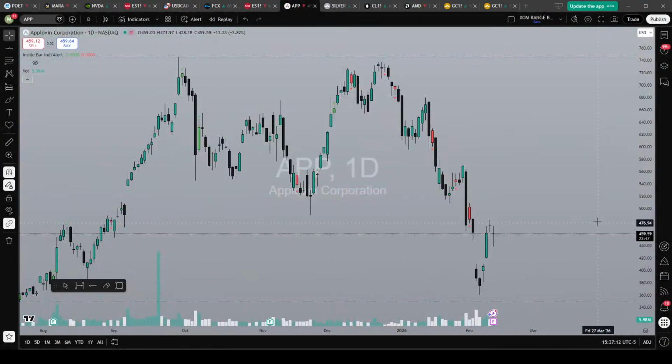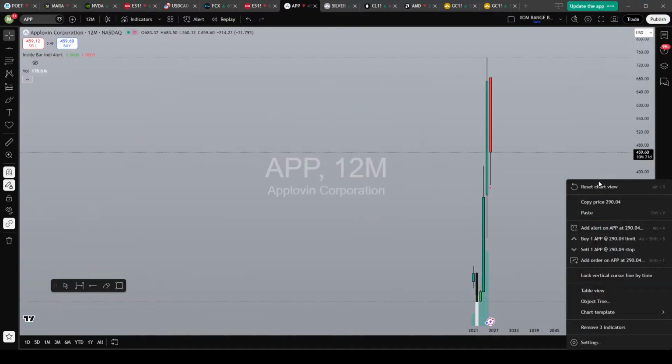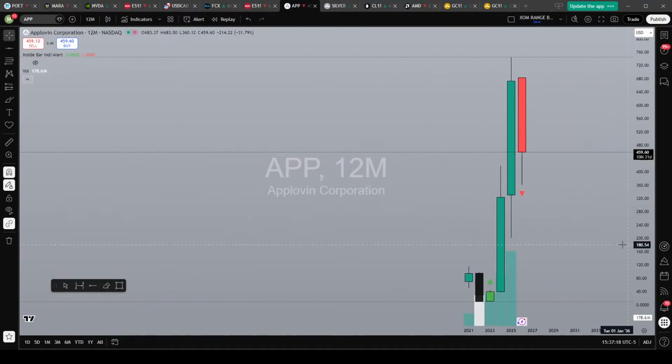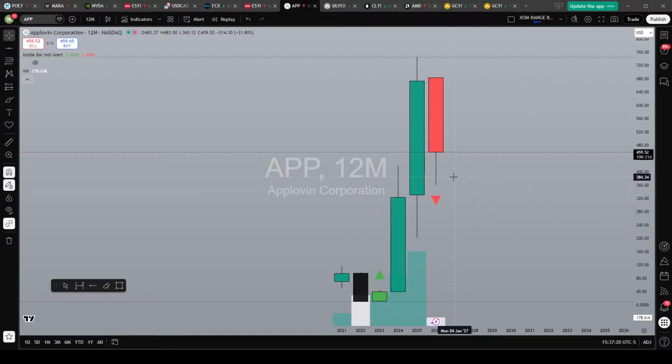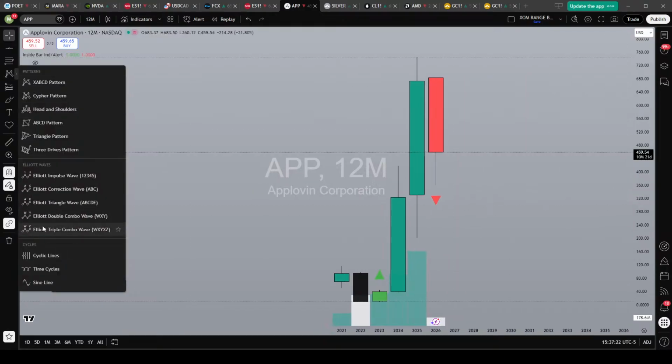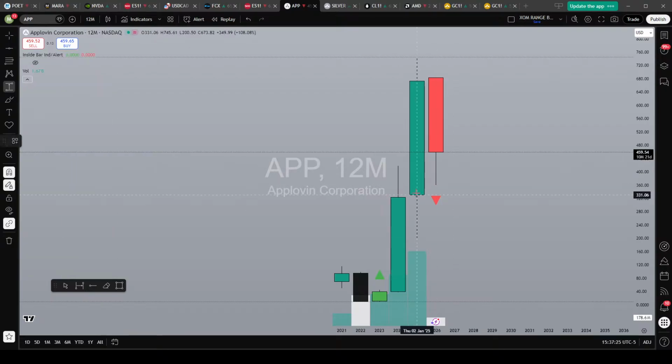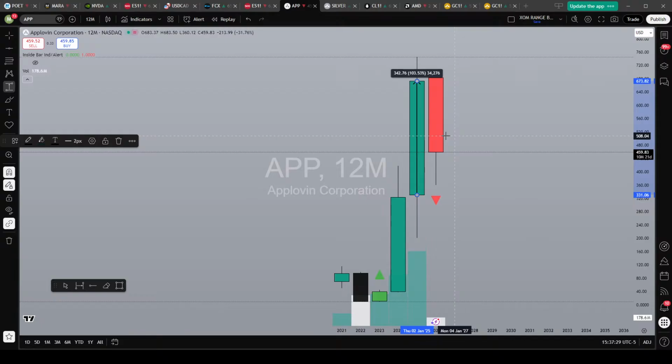Someone was asking about APP because they report in the after hours. Okay, for starters, the yearly is on an inside range, so from open to close 342 points roughly. So the simplest way you could look at this is from like an open to close ratio.